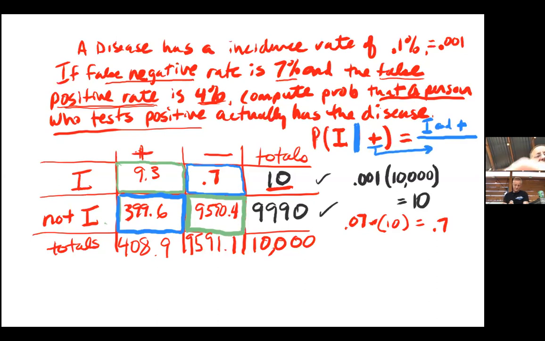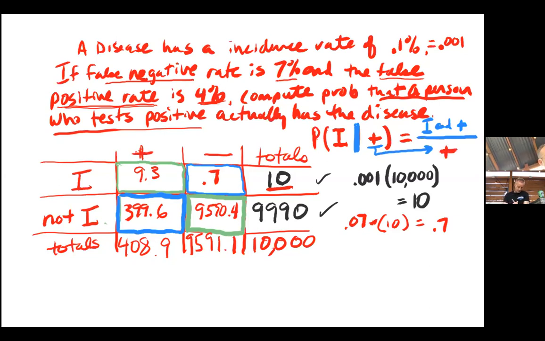How many were positive? And in this case, if we look at our table, the positive column is this column. The total number of people who tested positive is this 408.9. So that's our assuming. Since we're assuming you tested positive, our denominator is going to be the total positives.